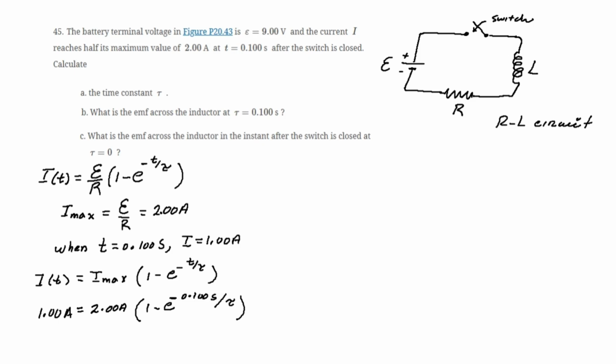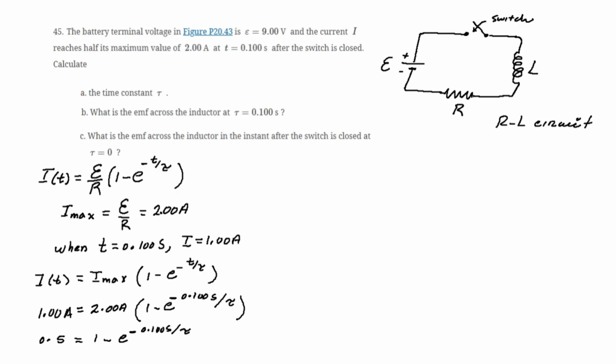So this is the kind of equation that we have to solve using logarithms. We're going to divide 1 ampere by 2 amperes. So we get that 0.5 is equal to 1 minus e to the power of negative 0.100 seconds over tau.